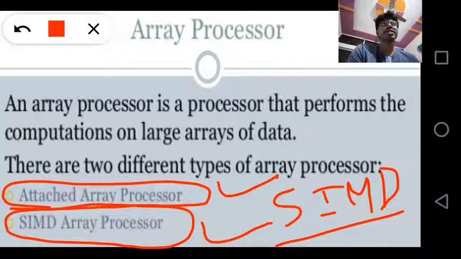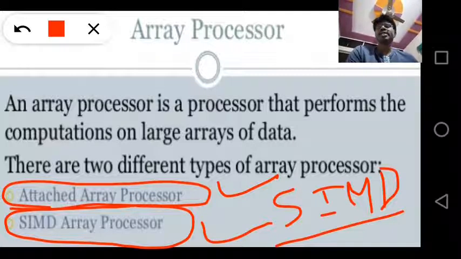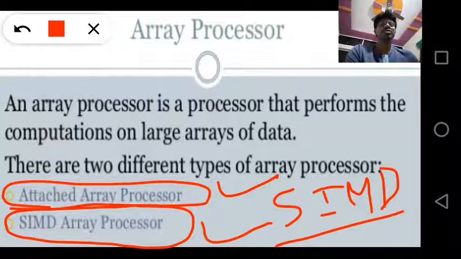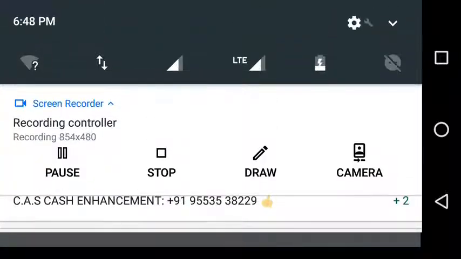And we have two different types. One is attached array processor and the second one is SIMD array processor. SIMD stands for single instruction on multiple data. This we have seen in Flynn's classification of architecture.